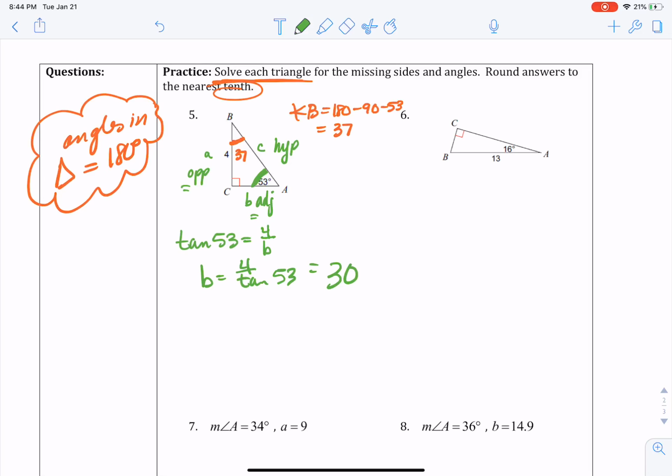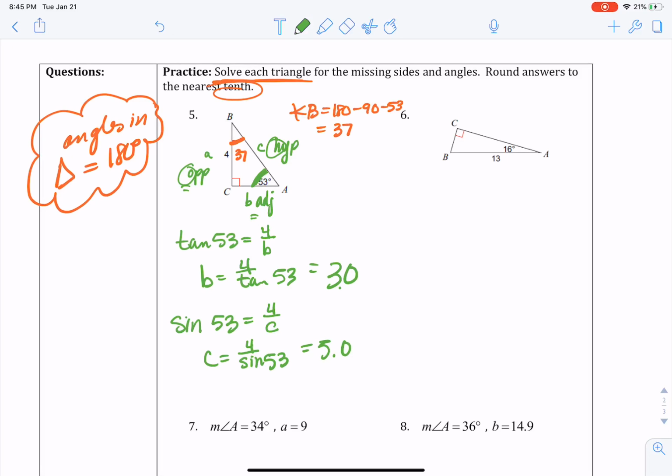And then to find C, that would be opposite and hypotenuse. So the sine of 53 is 4 over C. Again, switch it, where C equals 4 over the sine of 53, which is 5.0.